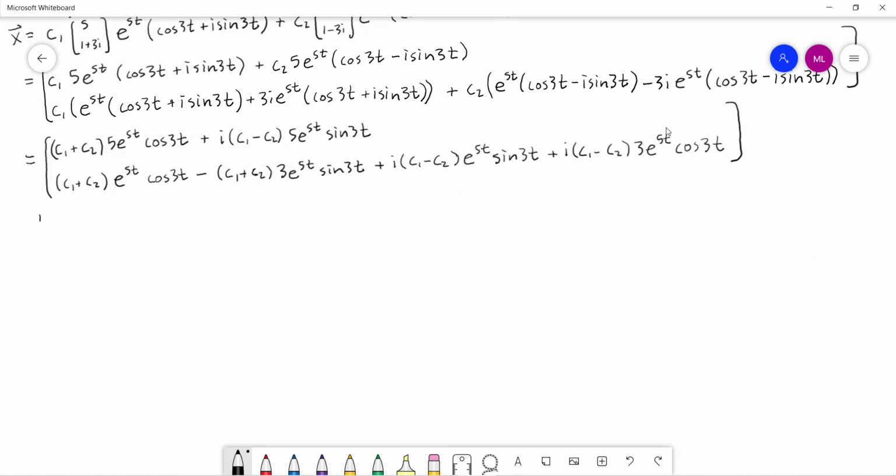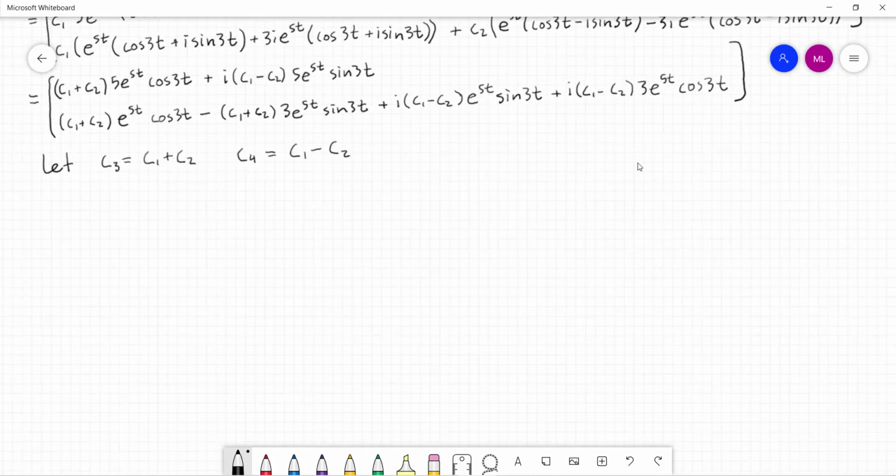After all that, the idea is that these C's only show up in two combinations, C1 plus C2 or C1 minus C2. And so I'm going to call those two things new constants. I'm going to let C3 be C1 plus C2, and I'm going to let C4 be C1 minus C2. And that will help a little bit.